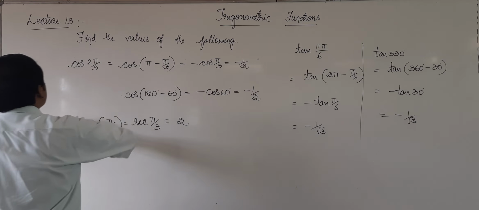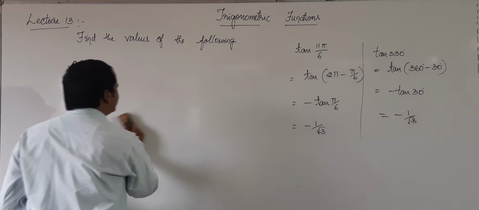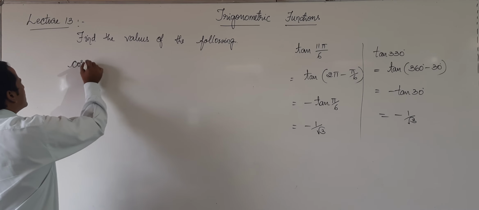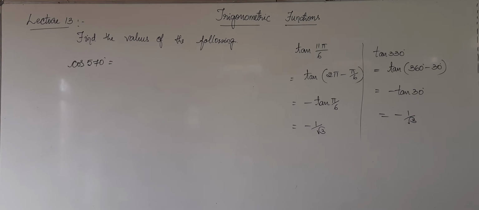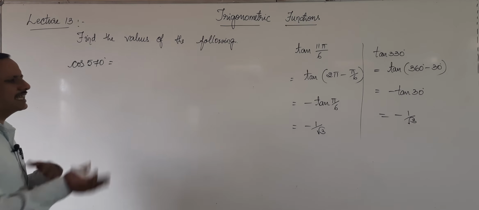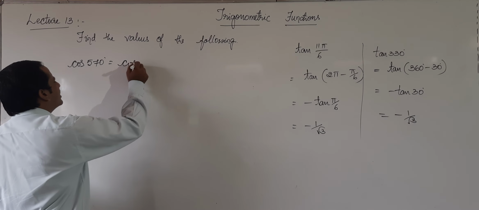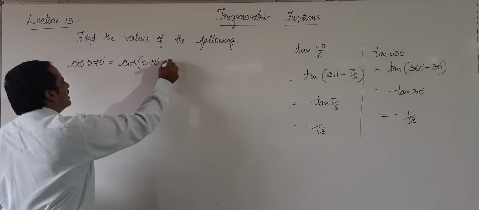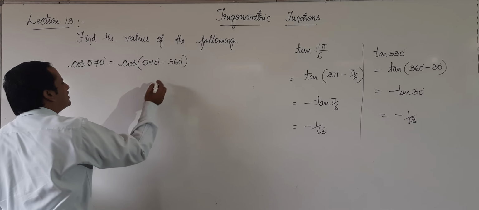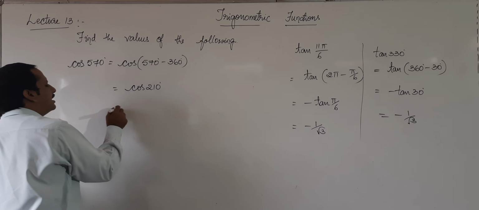Cos 570 degree. Since that angle is greater than 360 degree, you immediately subtract 360 from this. So what do you get? 570 minus 360 will give you 210 degree.